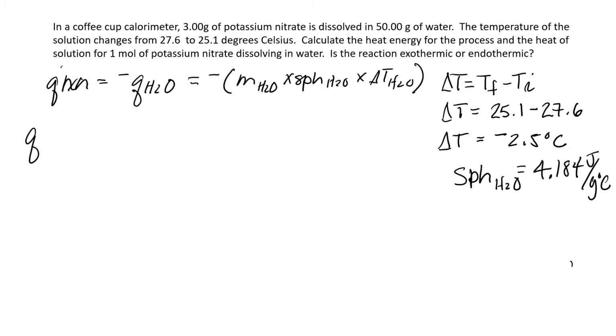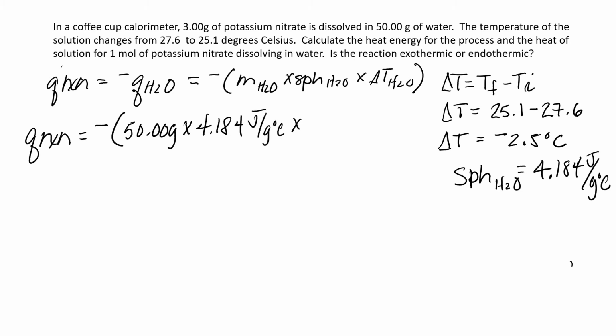So Q of our reaction equals negative mass of the water, which is 50.00 grams, times the specific heat of water, times the delta T. Don't forget your negatives and positives here.